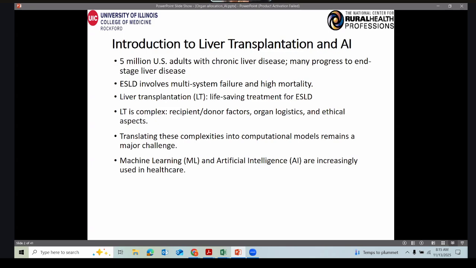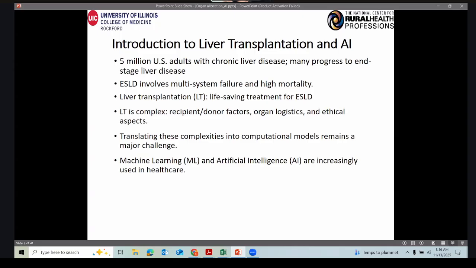Well, chronic liver disease affects more than 5 million adults in the United States, and many of these patients eventually progress to end stage liver disease. This stage is extremely serious because it involves multiple organ failures, frequent hospitalization, and very high mortality. For these patients, liver transplantation is often the only life saving treatment that can truly improve survival and quality of life. But the entire transplantation process is incredibly complex.